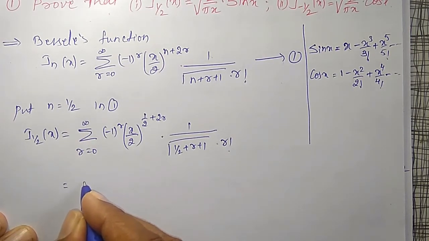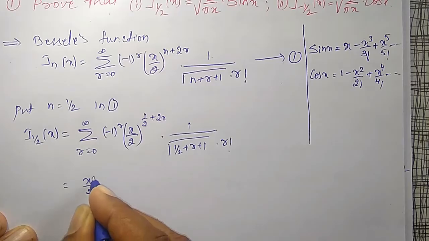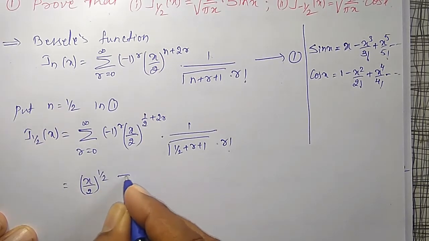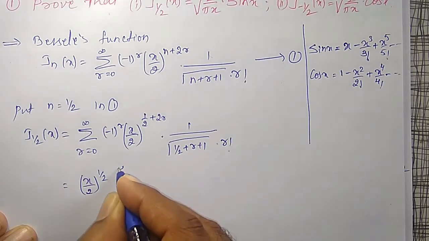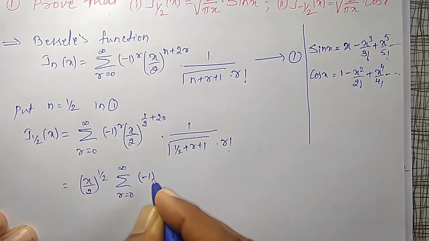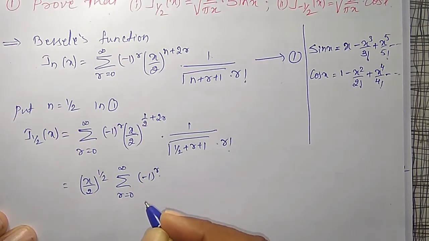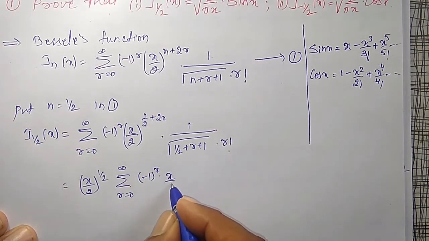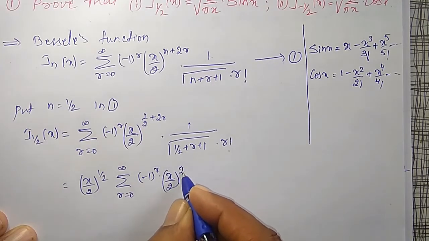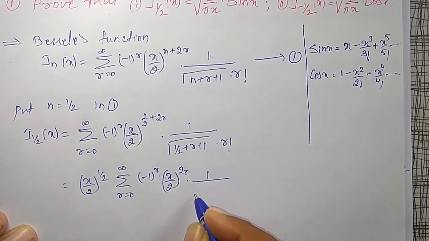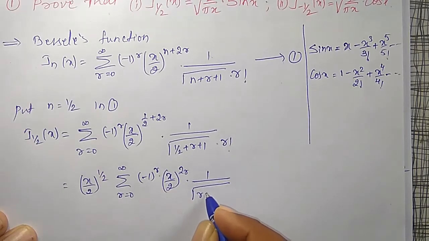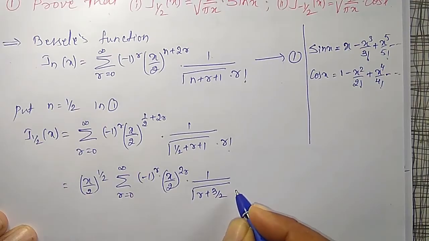That is x divided by 2 to the power 1 by 2, summation r equal to 0 to infinity, minus 1 to the power r into x by 2 to the power 2r, into 1 divided by gamma function of r plus 3 by 2 into r factorial.